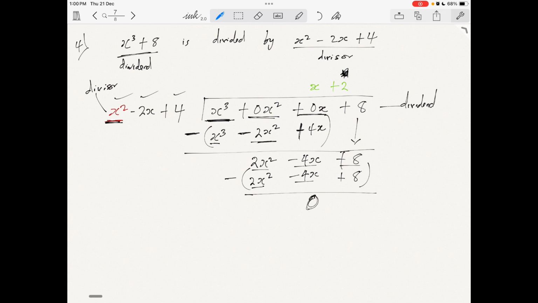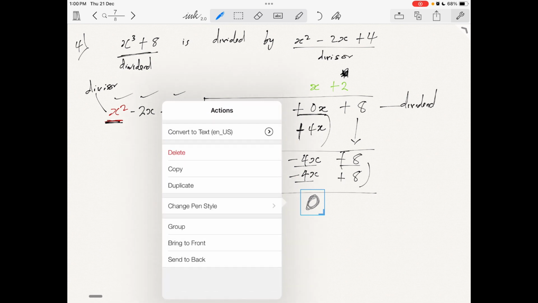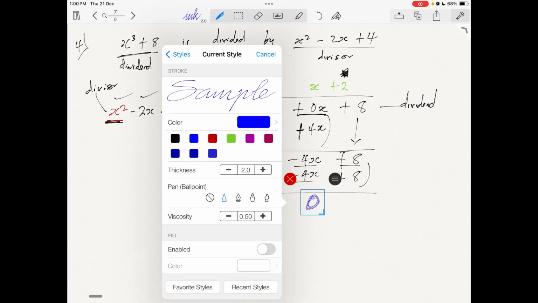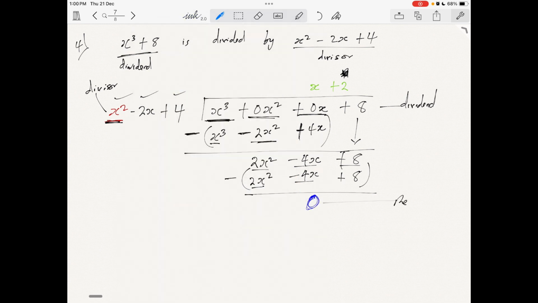Okay, so in short, we have 0 to be our remainder. Now whenever we have 0 to be our remainder, that means the divisor is a factor of the dividend. Okay, we will talk more about this when we get to the remainder theorem.